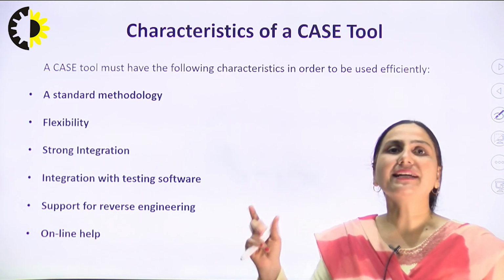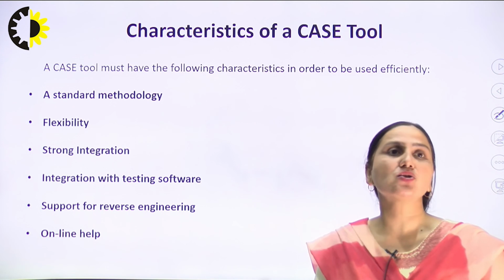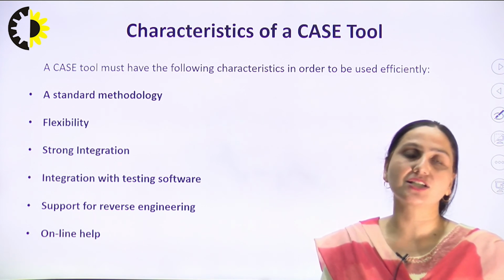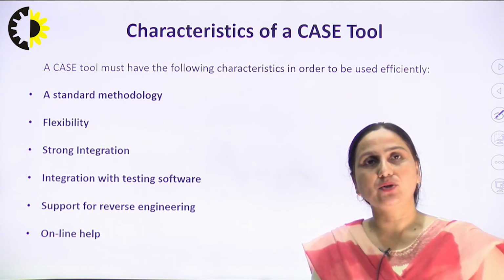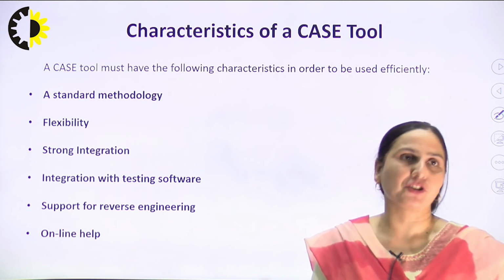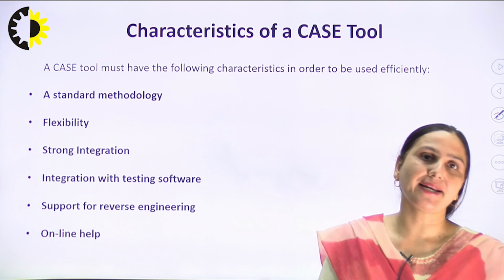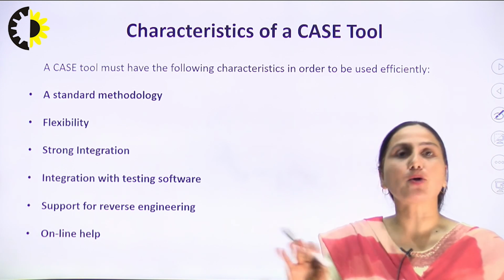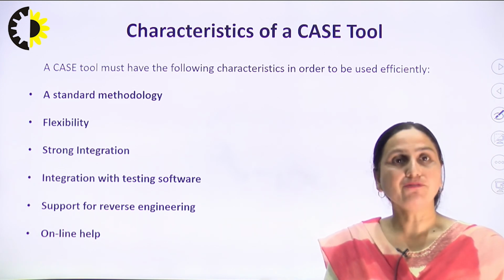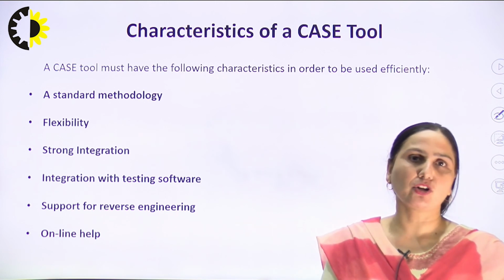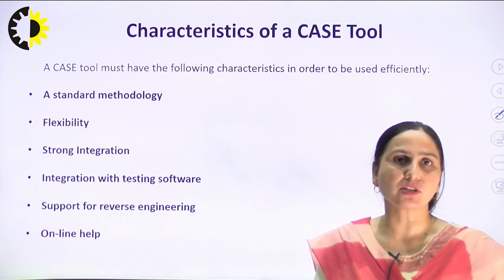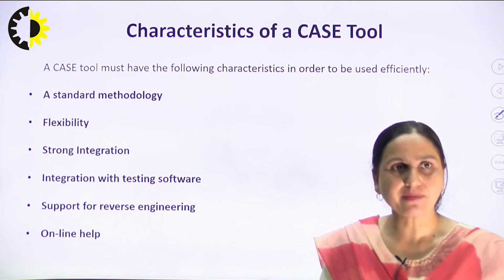now these are the different characteristics of the CASE tools. A CASE tool must have the following characteristics in order to make it used in a more efficient way. A standard methodology is the most important characteristic of the CASE tool. We have the proper standard methodology. Again, flexibility. If you want to make a change in the particular system, that is only possible if and only if the system is flexible in nature.